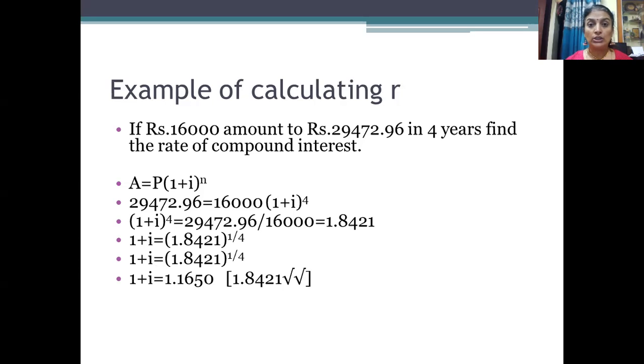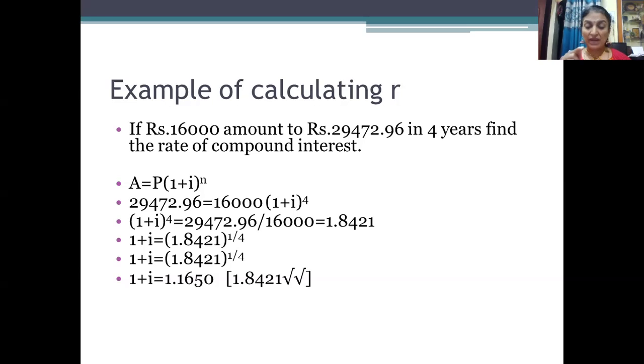In the calculation, if we are doing it on the calculator, because in the examination only simple calculators are allowed, we cannot take the scientific calculator. So what we can do is, 1.8421.